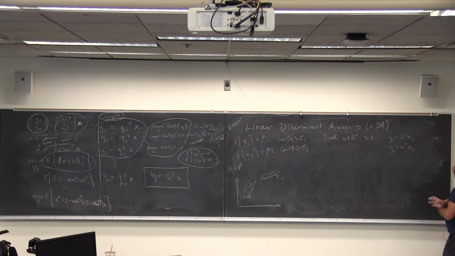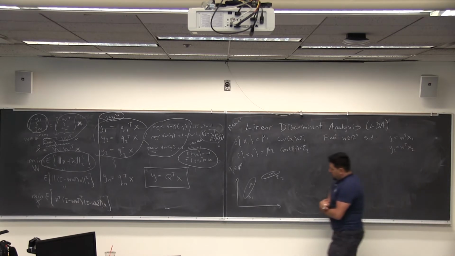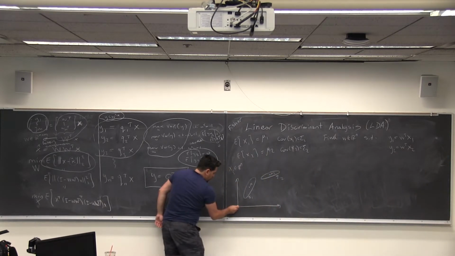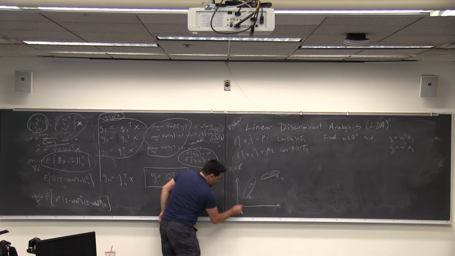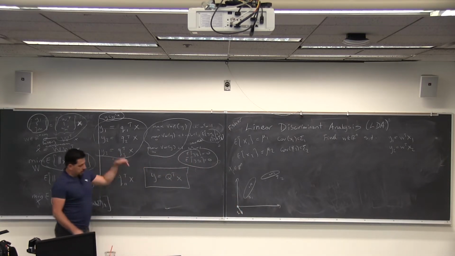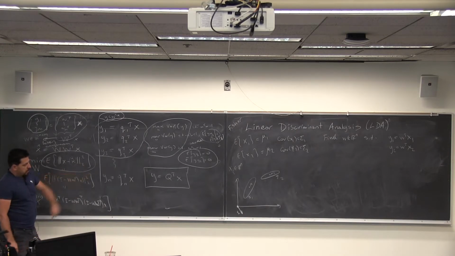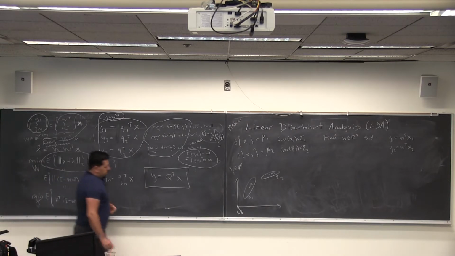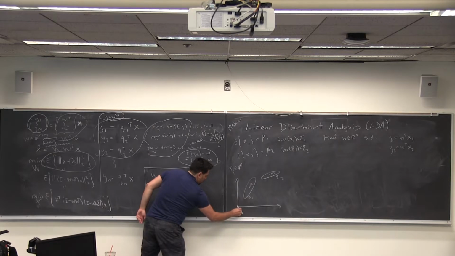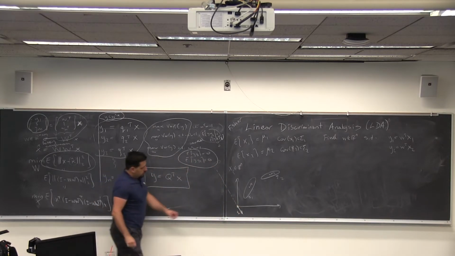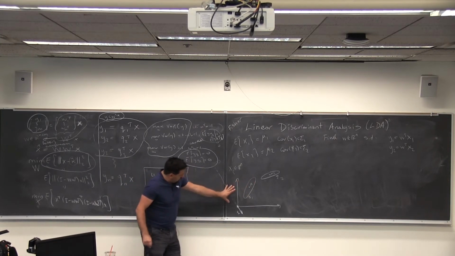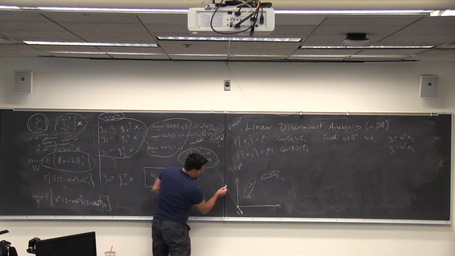Let's look at, for example, a bad W. Let's say I pick my W to be this vector pointing down right. The line I'm projecting onto is this. The first Gaussian projects to about here. It's pretty broad.